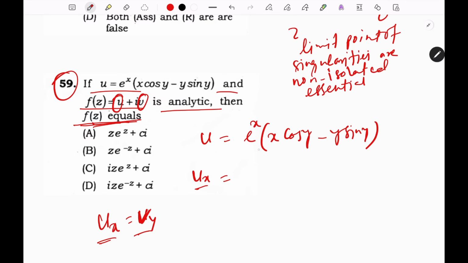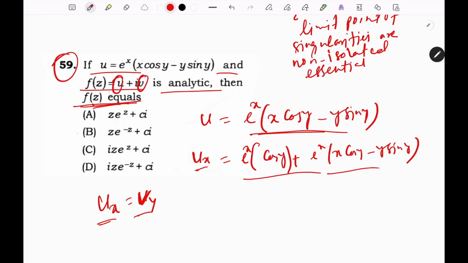So u x will be, first differentiate this with respect to x. So this is u of x, and it will be v of y. So v y will be e to the power x cos y plus e to the power x cos y minus y sin y.